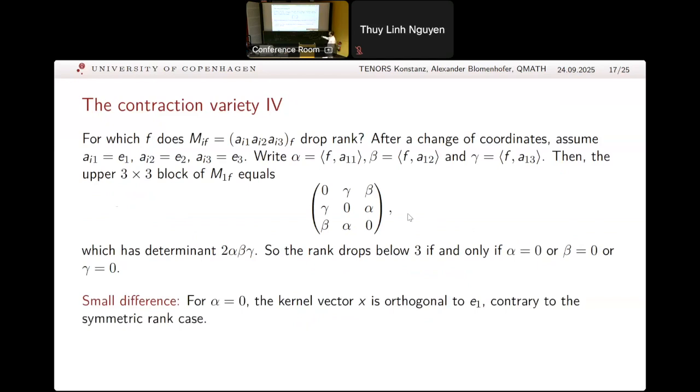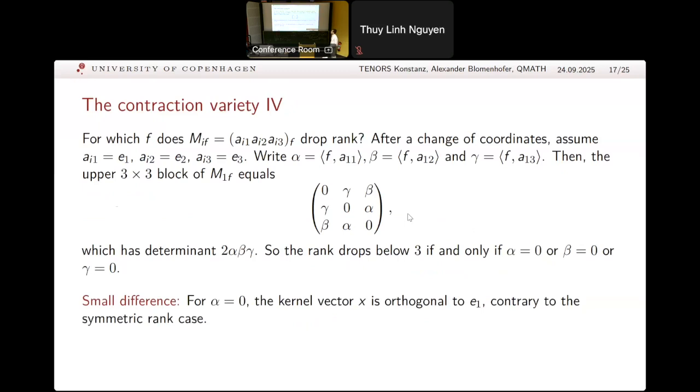If we have a Chow rank 1 tensor, we can use the GL invariance. We can assume that AI1 is E1, AI2 is E2, AI3 is E3, standard basis vectors. And then we basically have a 3x3 matrix. And if we write alpha, beta, and gamma for the inner products of F with E1, E2, and E3, then this Chow rank 1 matrix, in these coordinates, looks exactly like this.